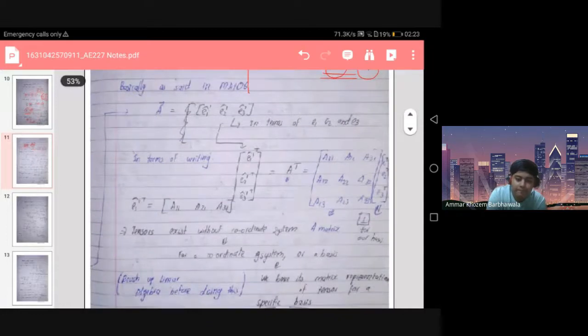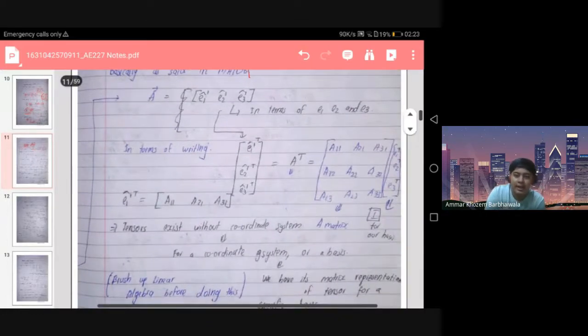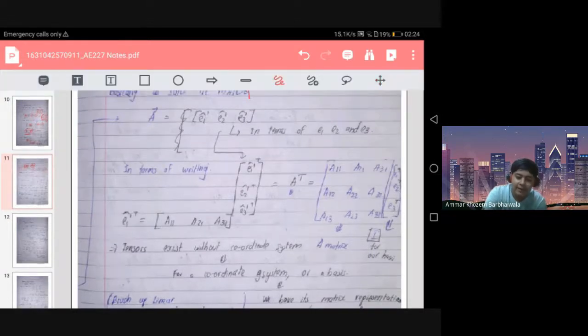Now that I know what each component means, and what they represent, how do I represent them in a matrix format? I define a format for the matrix.